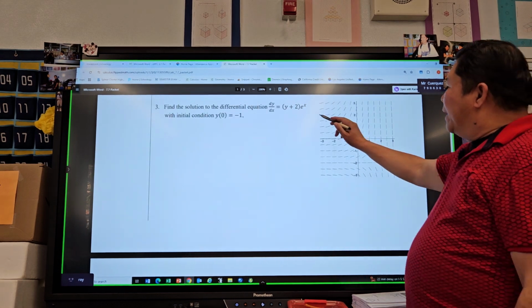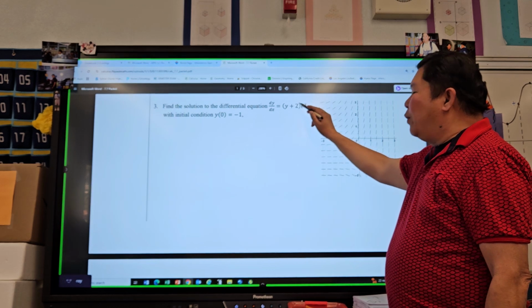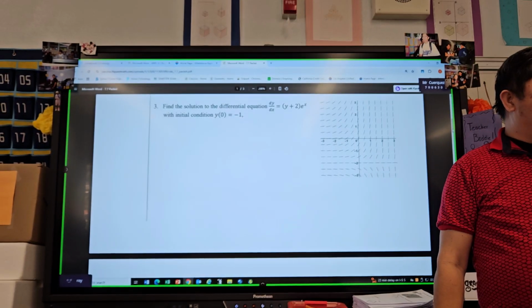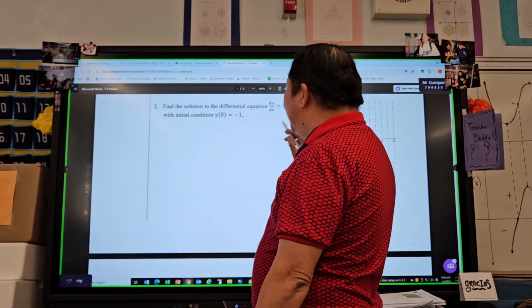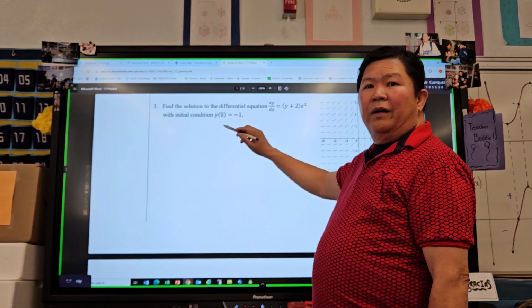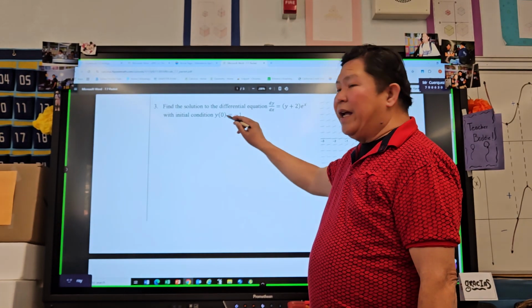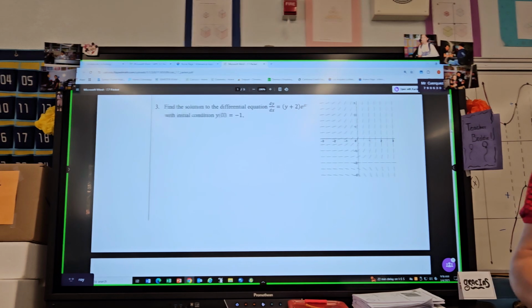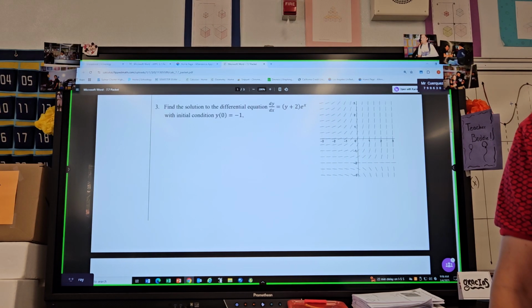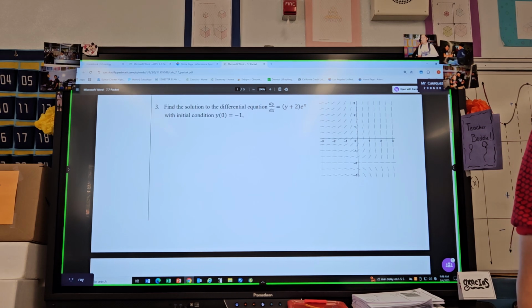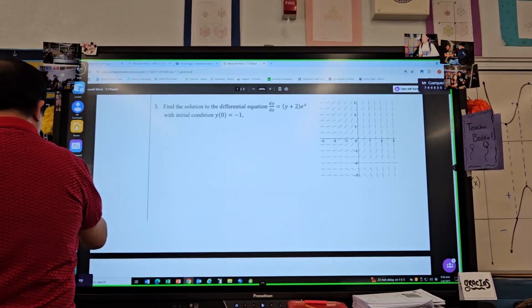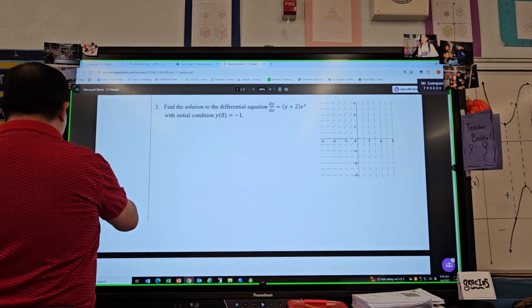Okay, so this right here is the y, and this e to the x is for the dx, right? So we separate, but what is the initial condition? x equals 0, y is negative. So therefore, what will be our final answer? That would be negative, if we graph. Okay, so we have dy dx.